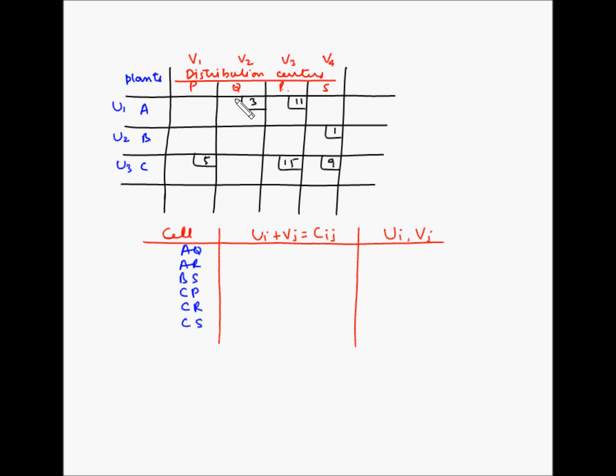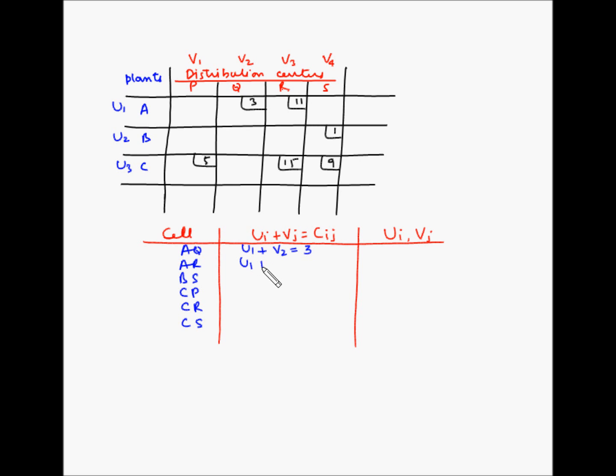For AQ, Ui is U1 and Vj is V2 and Cij is 3. So U1 plus V2 is equal to 3. For AR, Ui is U1 and Vj is V3 and Cij is 11.